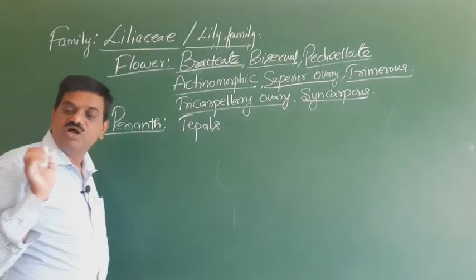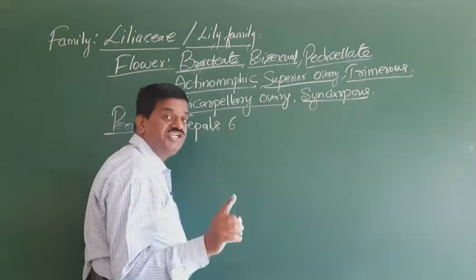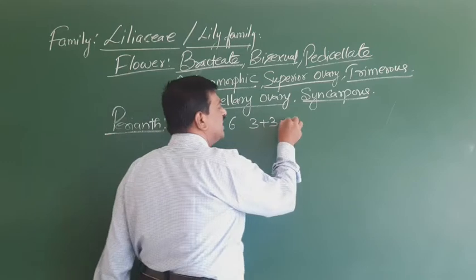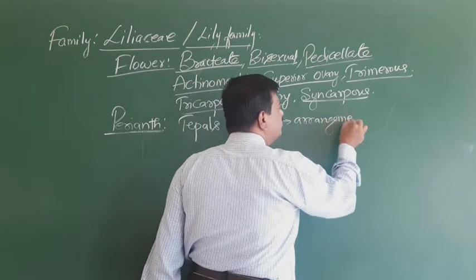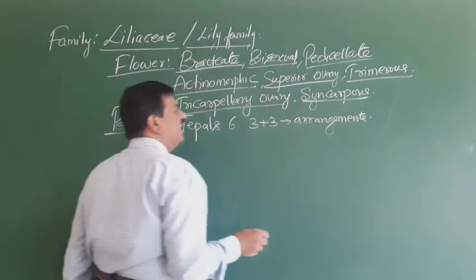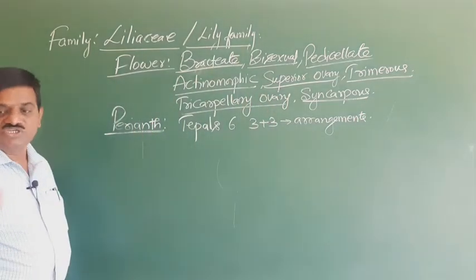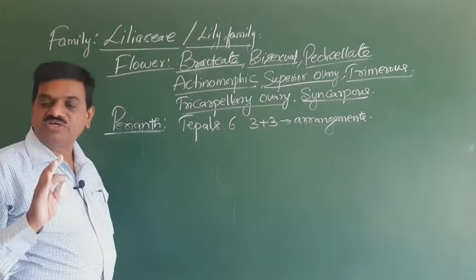So tepals are 6. They are arranged in 2 whorls. So 3 plus 3 arrangement. So here tepals are 6 and it is arranged in 3 plus 3. So it is called as 3 plus 3 arrangement or tepals 6.